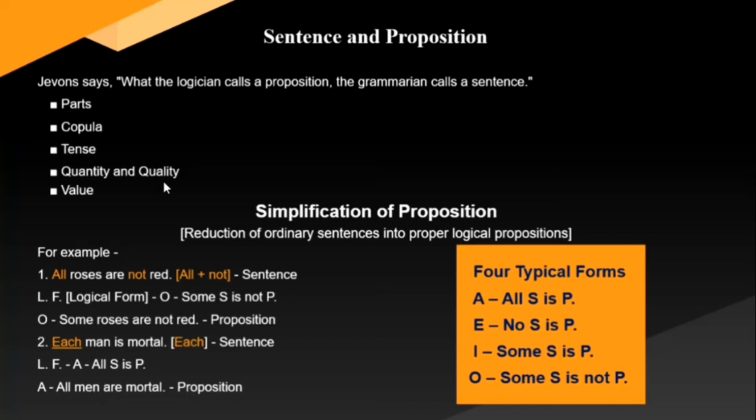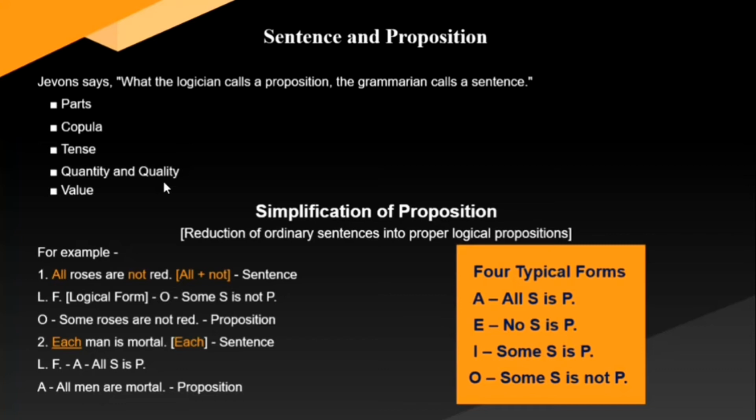In a grammatical sentence, we need not mention the quality and the quantity. For example, man is mortal, rose is red. However, in every logical proposition, we must mention the quantity and the quality, such as all men are mortal, some roses are red.